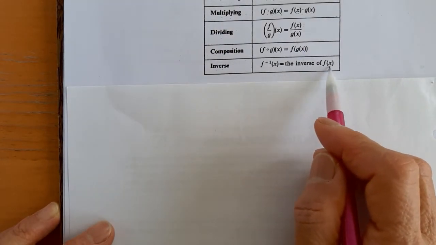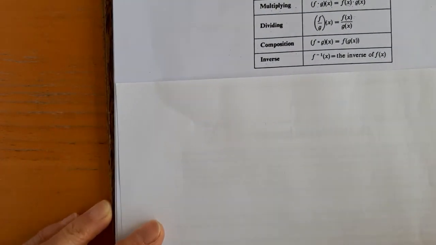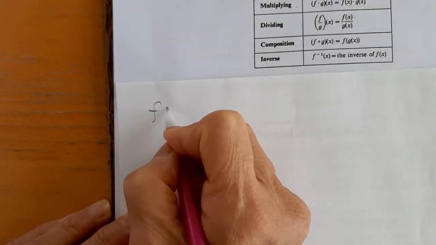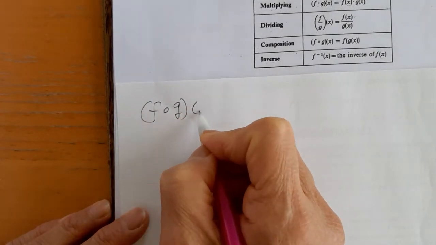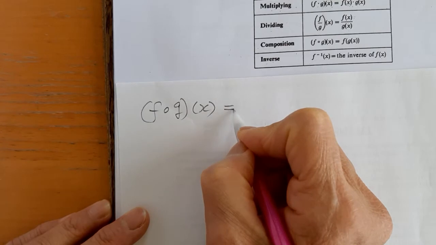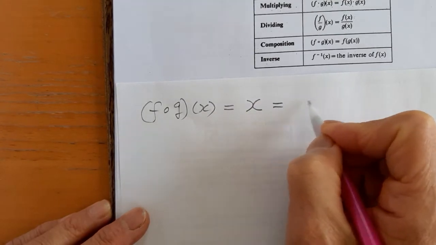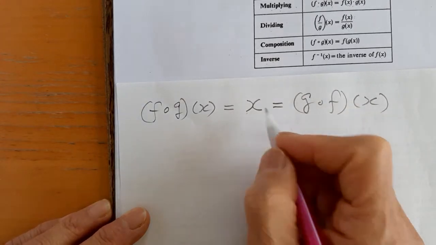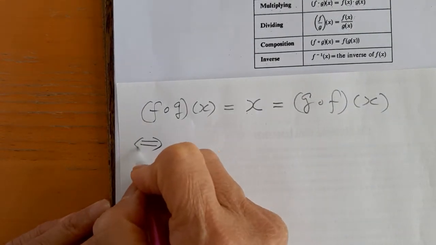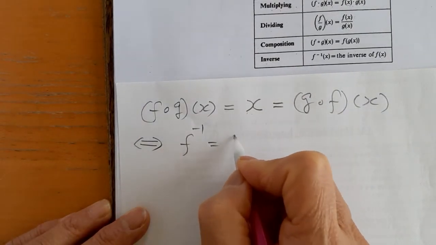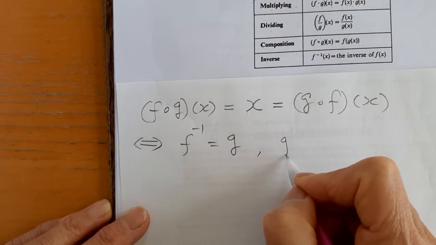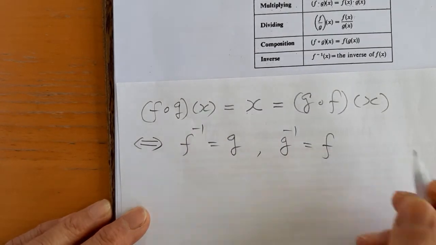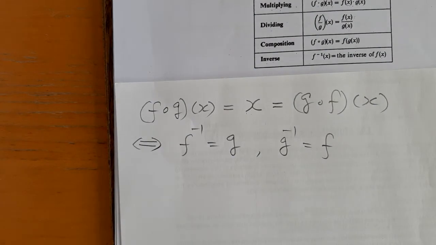So if f circle g of x is equal to x and g circle f of x is also equal to x, then we say f inverse is the g function, and g inverse is the f function. The two functions are inverse to each other.